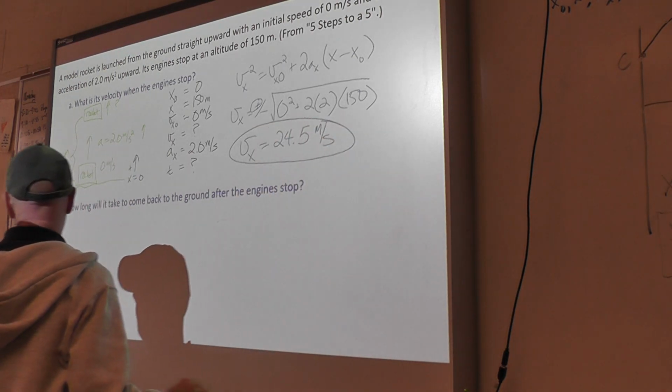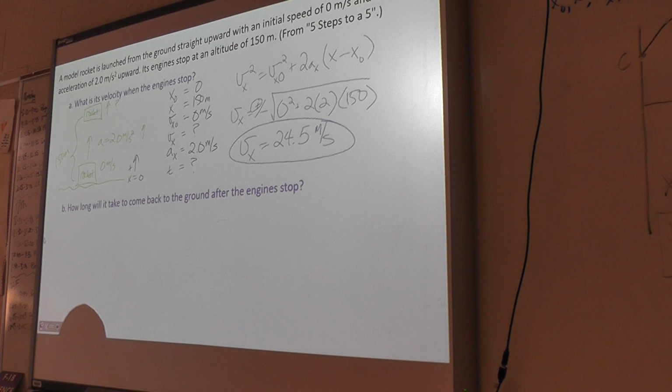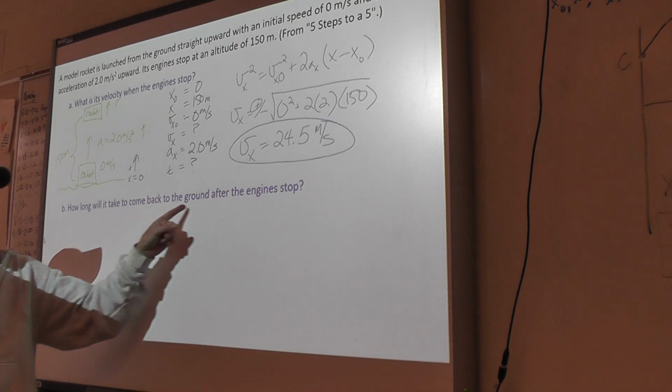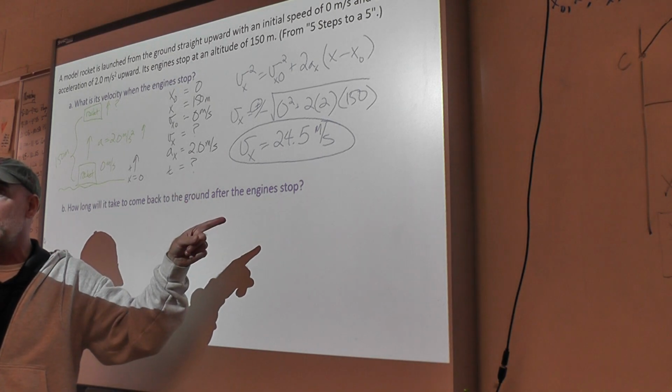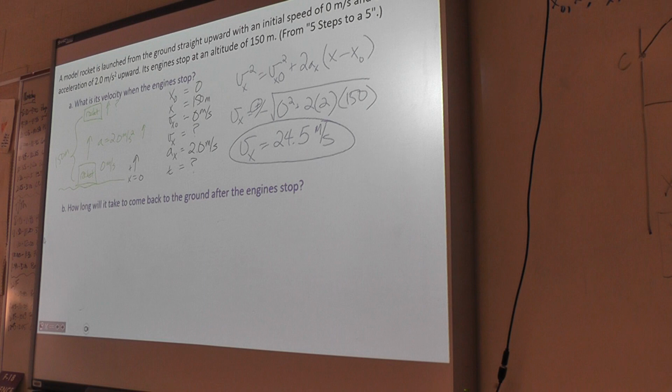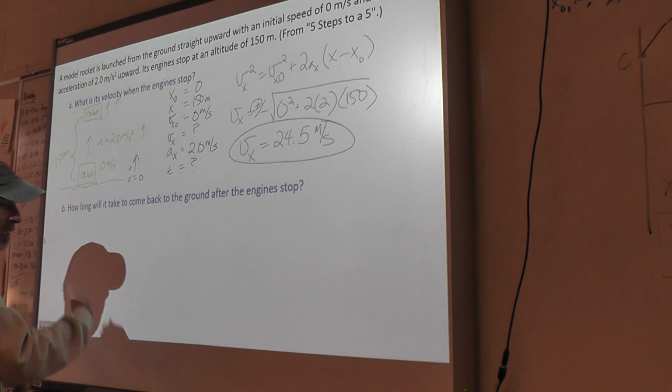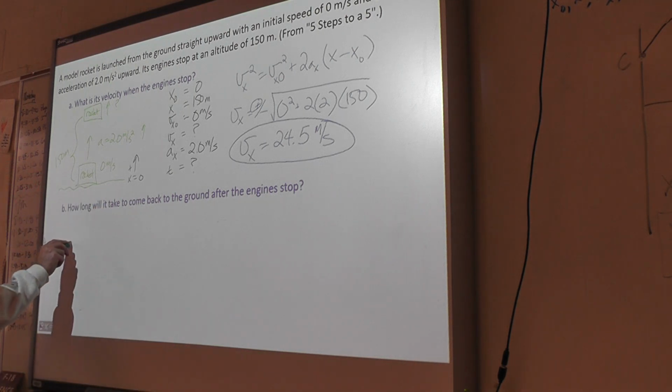Okay? And again, in the original problem, that's not what the question was. The question was, how long will it take to come back to the ground after the engines stop? But in order to figure that out, we need to know how fast it's going at that moment. Okay? So let's solve the second part. Let's start with a picture.